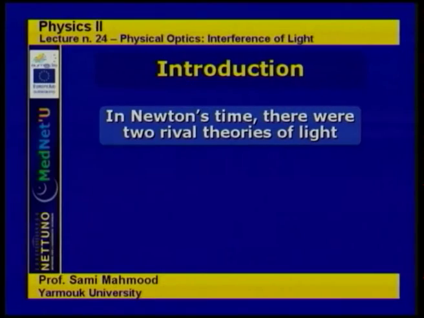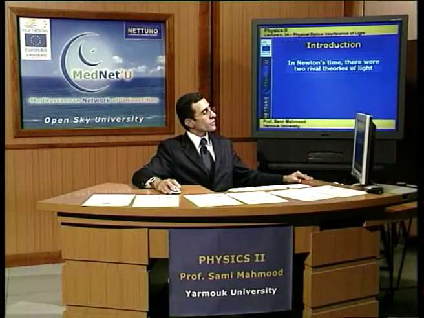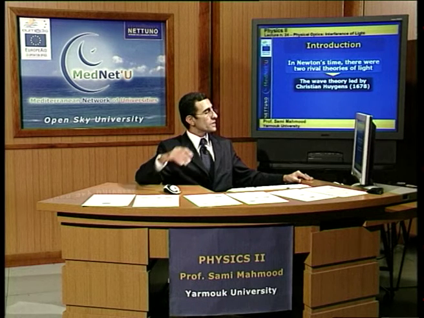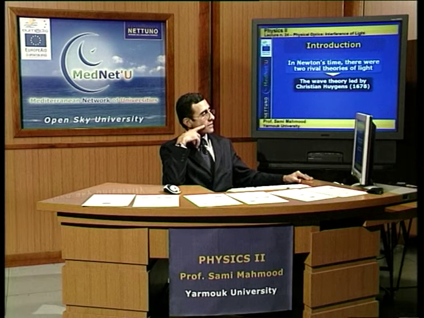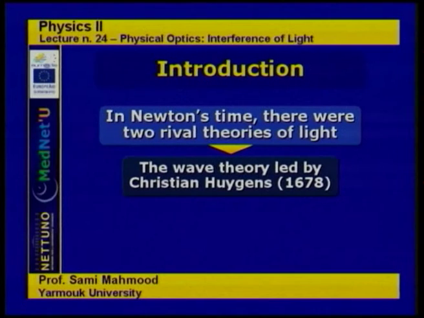And now we have to touch on some historical background. In Newton's time, there were two rival theories for the description of light. One of these theories is the wave theory, which was led by Huygens in 1678.